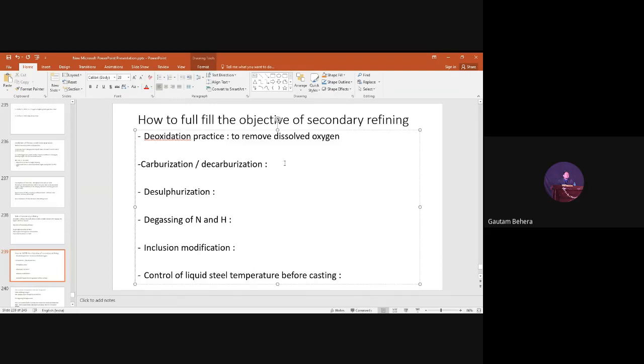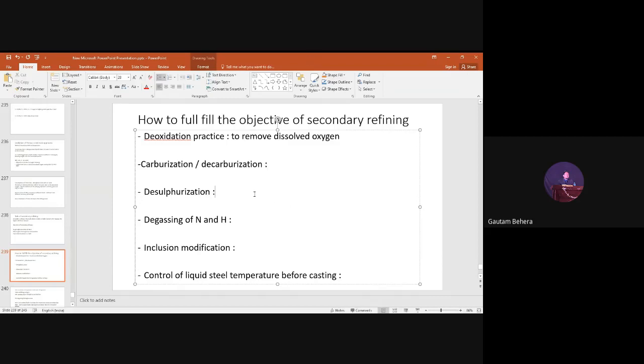Suppose after the end of the steel making process, we cannot remove the carbon sufficiently, or we want a steel of very low carbon. In that condition, we have to go for decarburization. That means we can remove the carbon further during the secondary refining process.